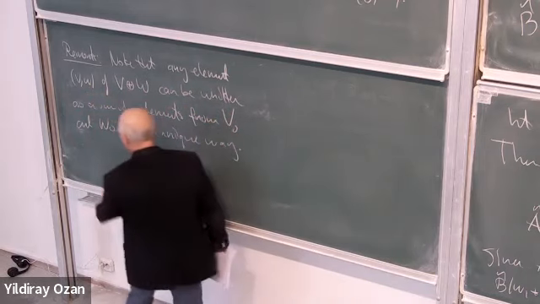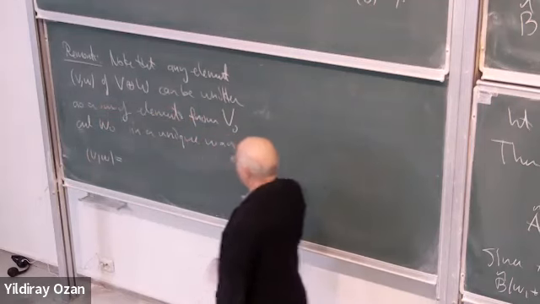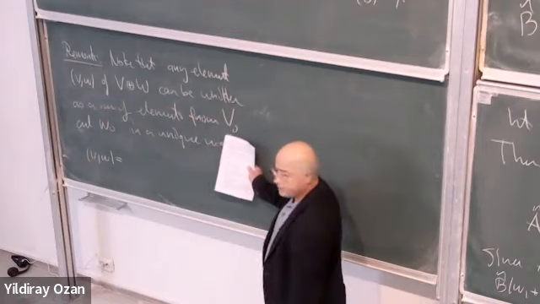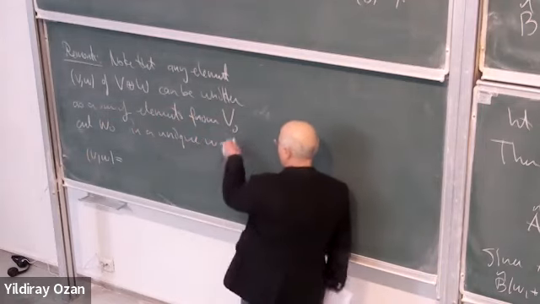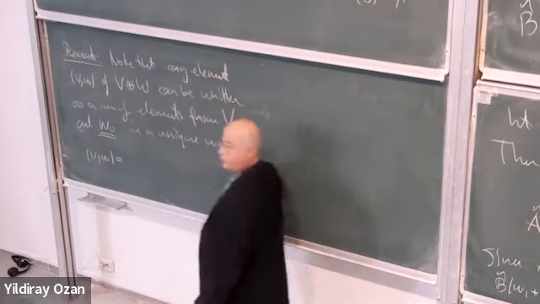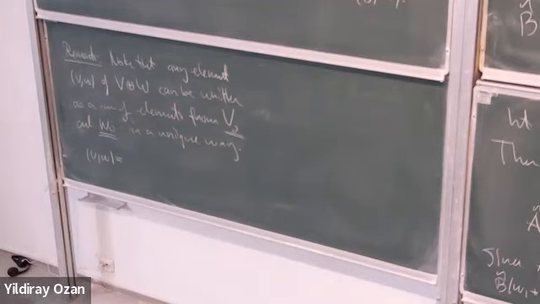Yani şu V comma W ben nasıl yazarım? I claim it can be written as a sum of two elements, one element from this, the other element from this in a unique way. Of course, in this case, it is easy, right?